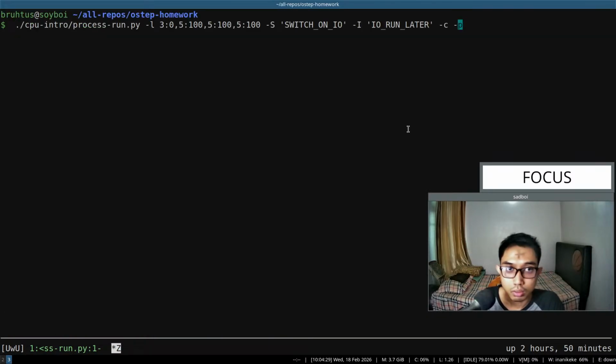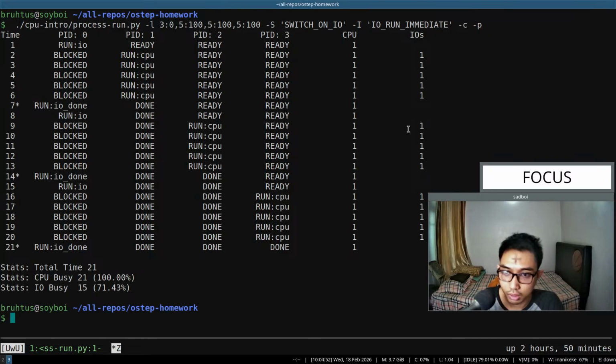So I assume to make it more efficient, we can do something like this. We are switching back to the input-output immediately, and then when the input-output blocks, we are switching back to the CPU. Let's find out.